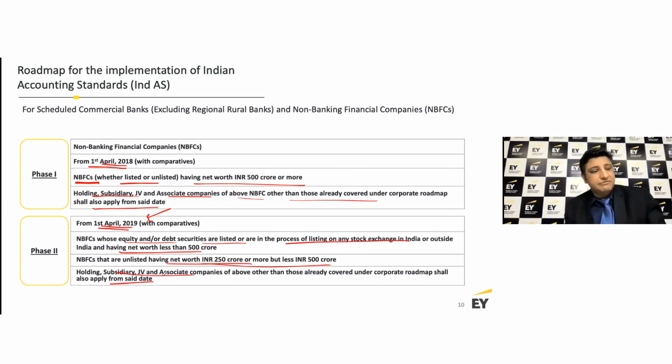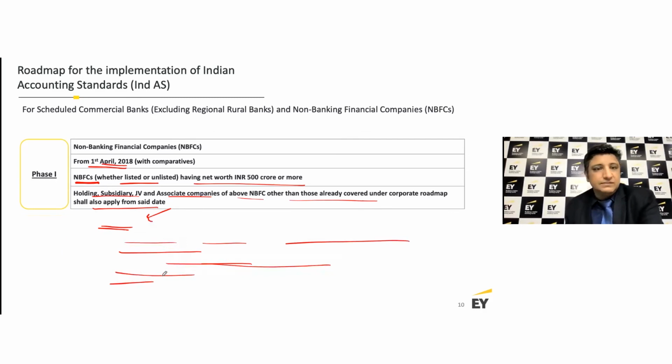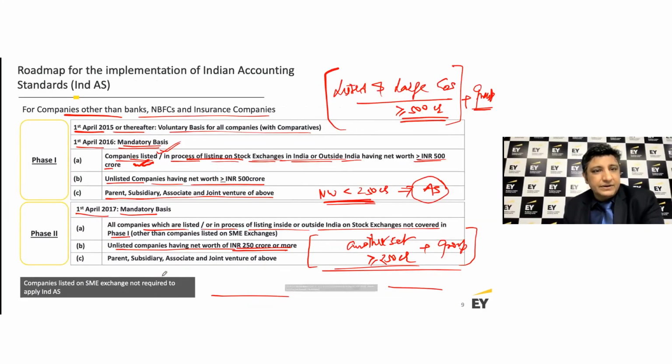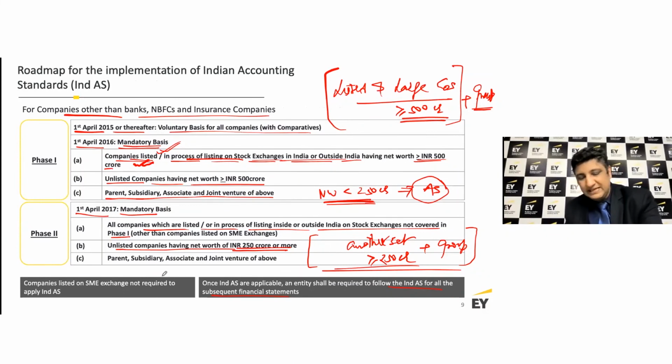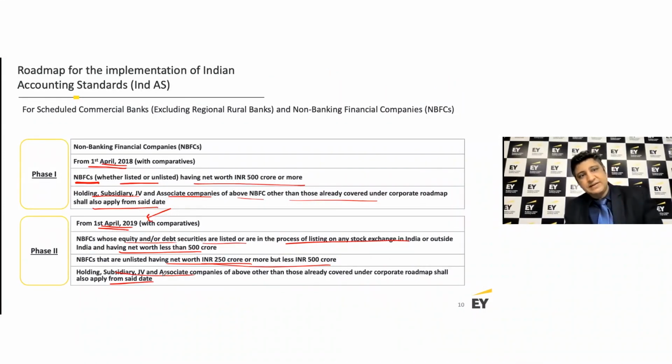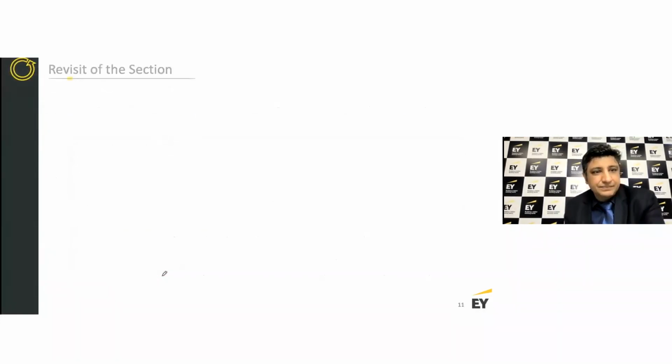It's just the years that differ. So for the non-banking and insurance companies, we started with 1st April 2016 and then 1st April 2017 on a mandatory basis. When we look at the NBFCs, it started from the subsequent years, which is 1st April 2018 and 1st April 2019.